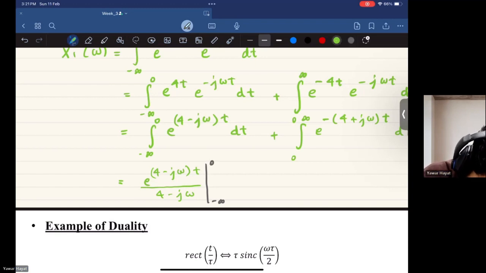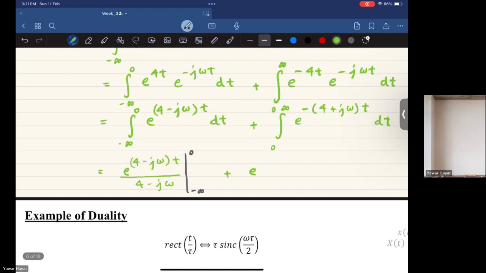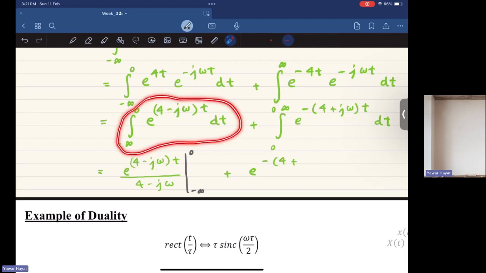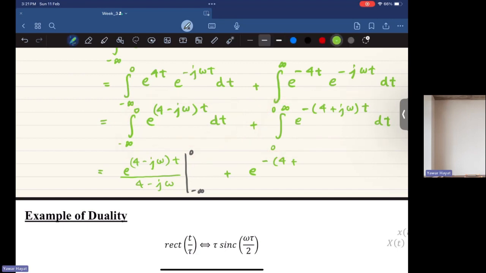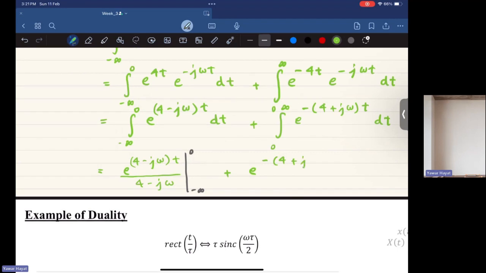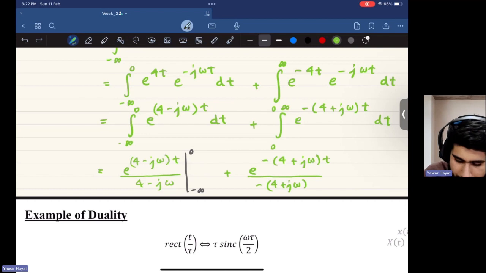And then we have e to the power minus 4 plus j omega t, this integral is given by this, and now I'm writing the result of this integral, whole divided by 4 plus j omega and a negative sign, right?